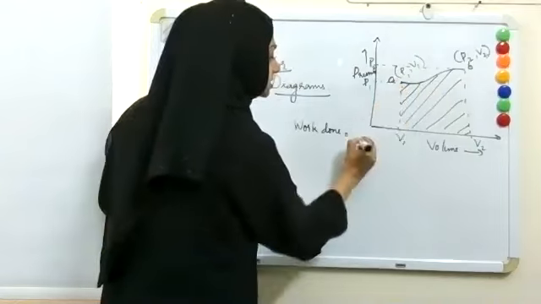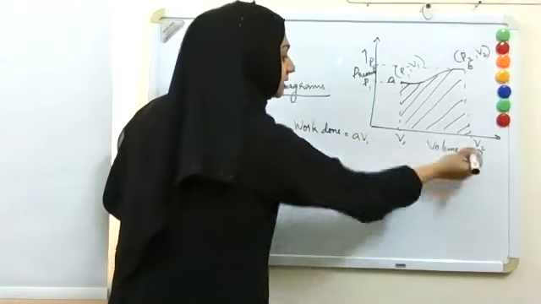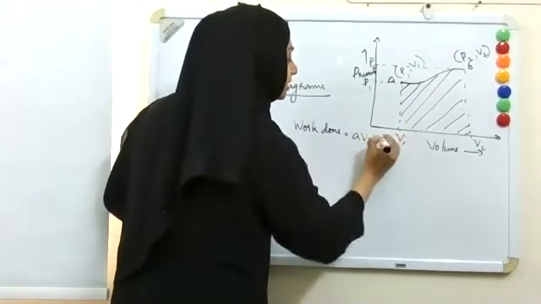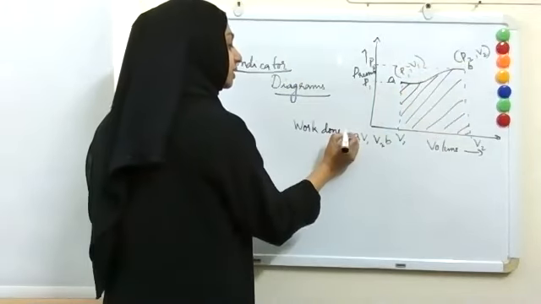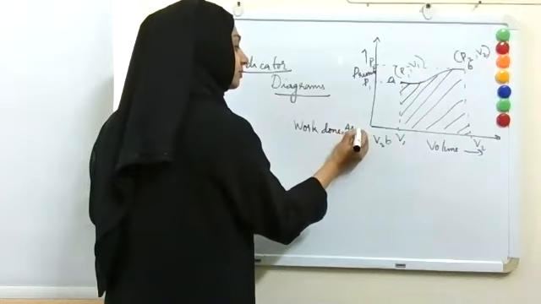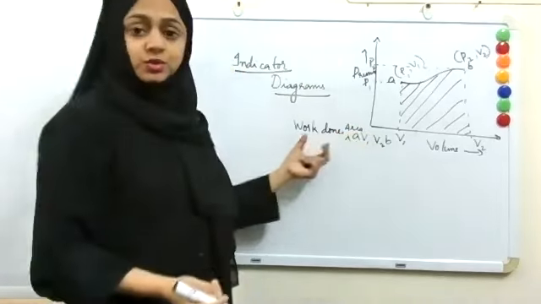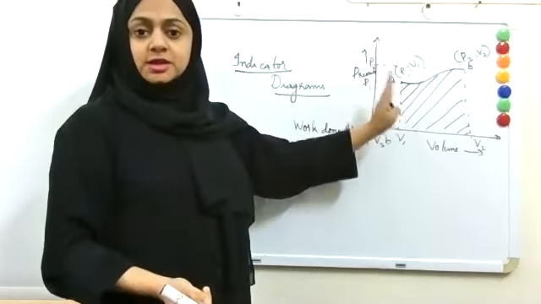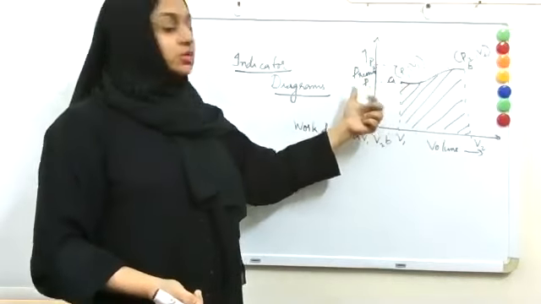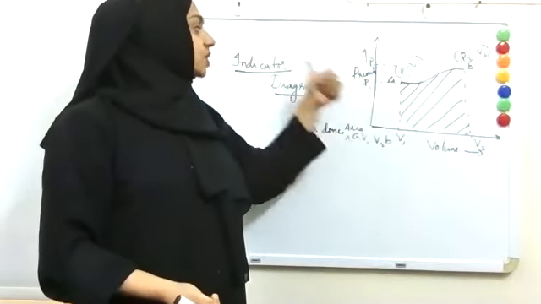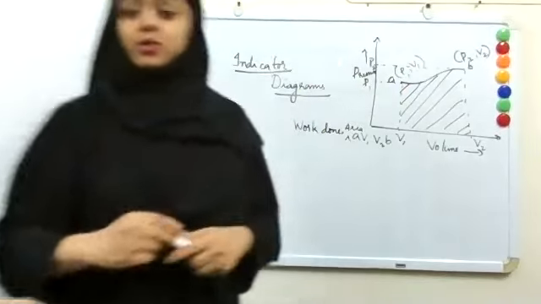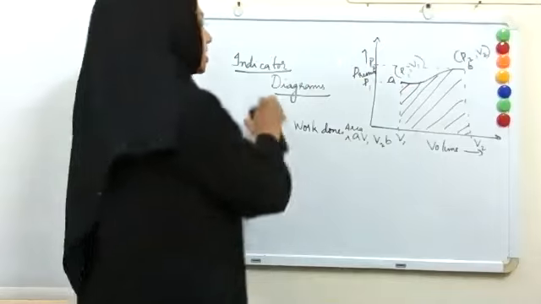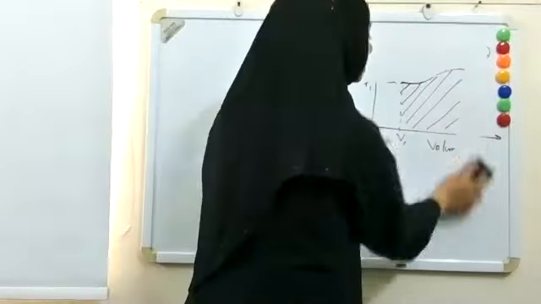The area is A, V1, V2, B. So this area will give you the work done. Is that clear to you? So this is called an indicator diagram. We will be using PV graphs or indicator diagrams for each of the processes which we are going to discuss now. So let us start with the isobaric process.